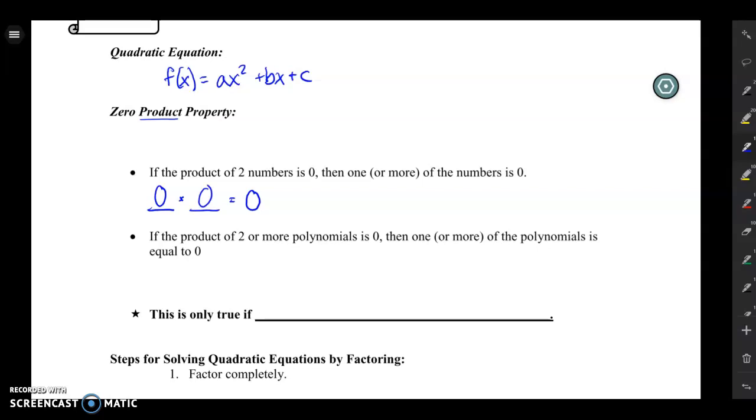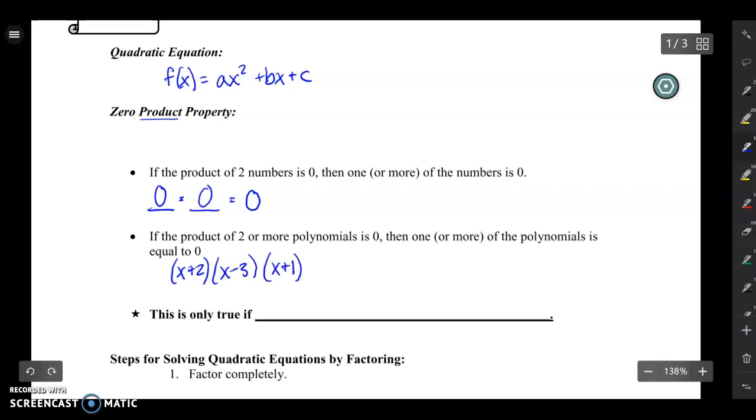The same thing works with polynomials. If you have two or more polynomials that are multiplied together, so like x plus 2 is a polynomial multiplied by x minus 3, multiplied by x plus 1 or something, if those are multiplied together and they equal 0, then at least one of these polynomials that are in parentheses is going to equal 0. Okay?